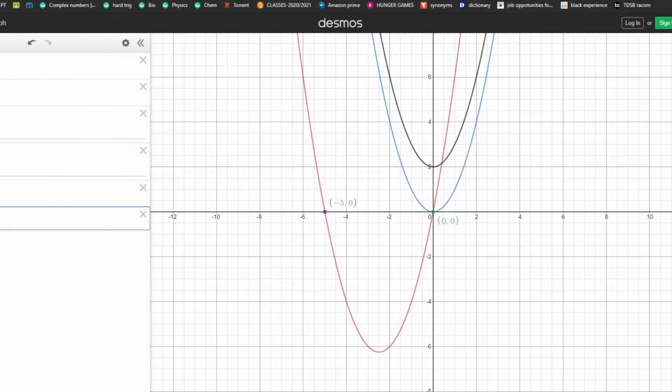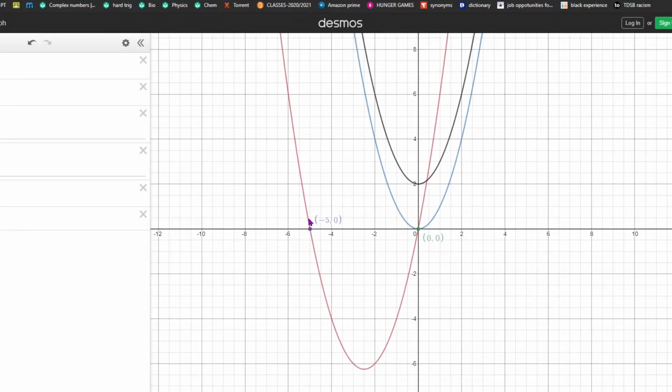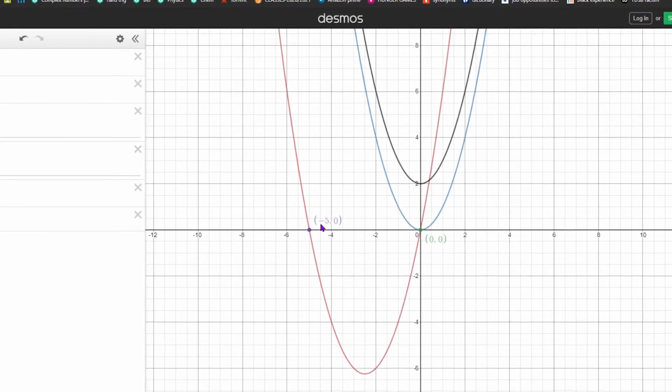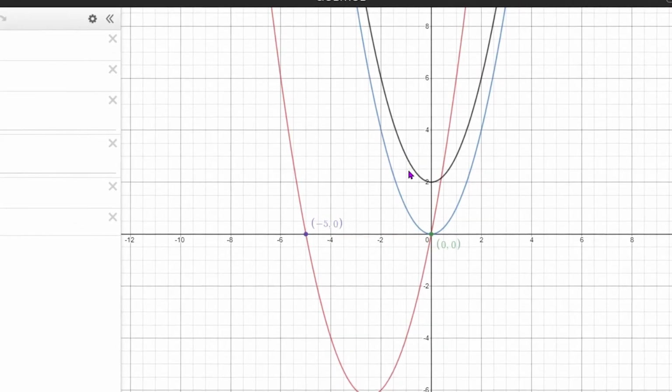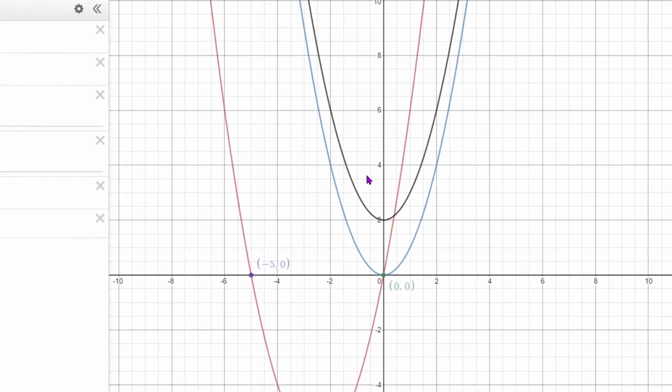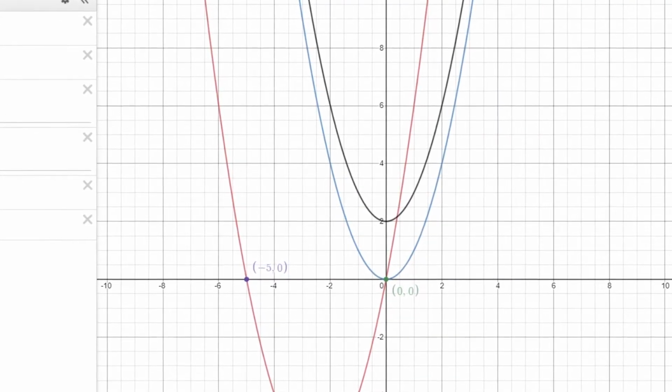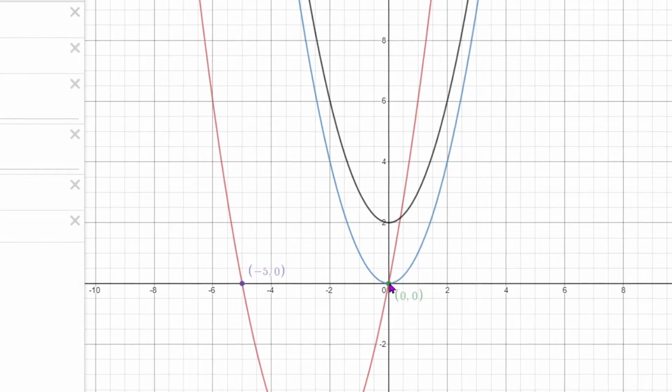An example of zeros in different scenarios is right here. As you can see, the red quadratic is x squared plus 5x. There are two zeros right here: negative 5 is a zero and 0 is a zero. The blue graph is a really common graph, x squared. The only zero for x squared is just 0.